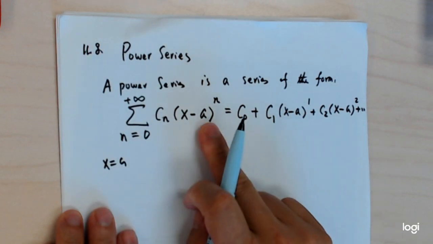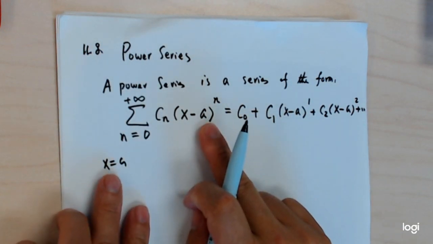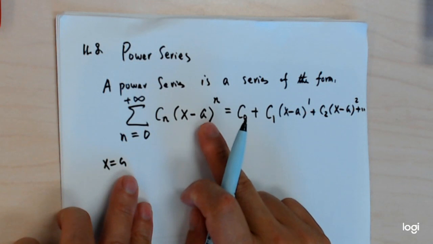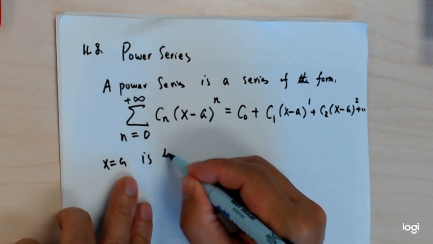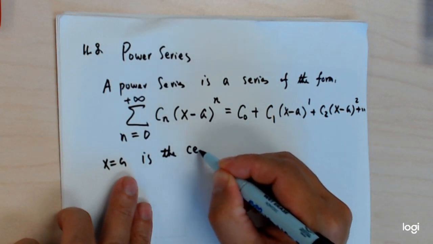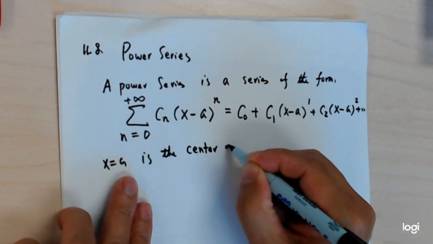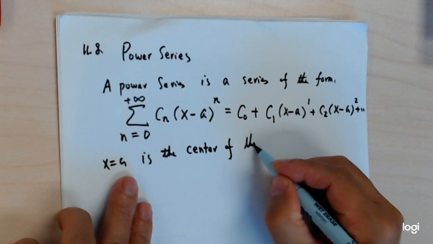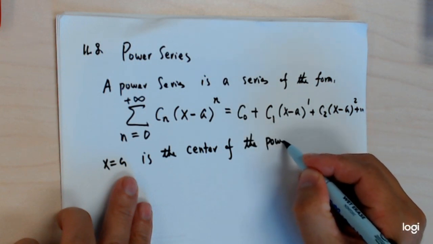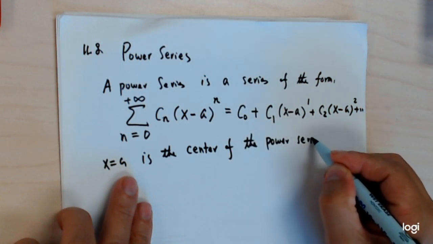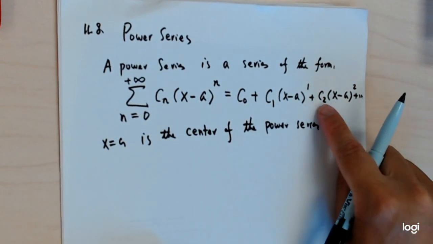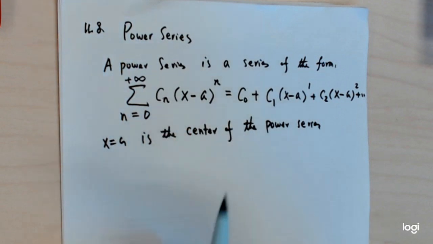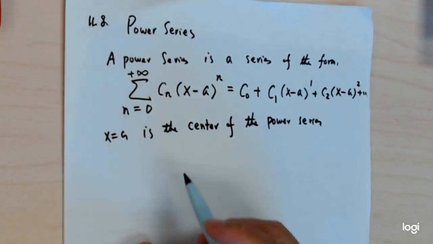So this number a, that we call x equal to a, we call this the center of the power series. C sub n, I guess we can call these the coefficients.